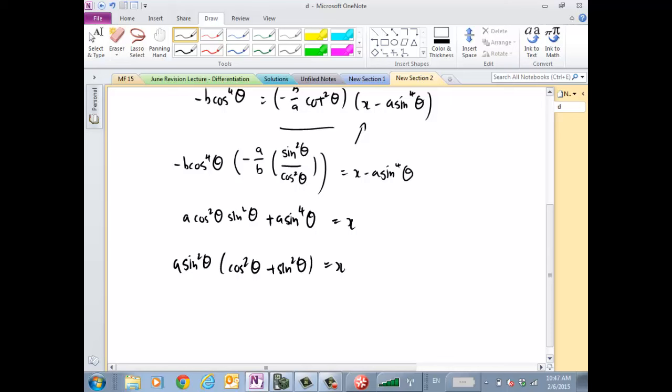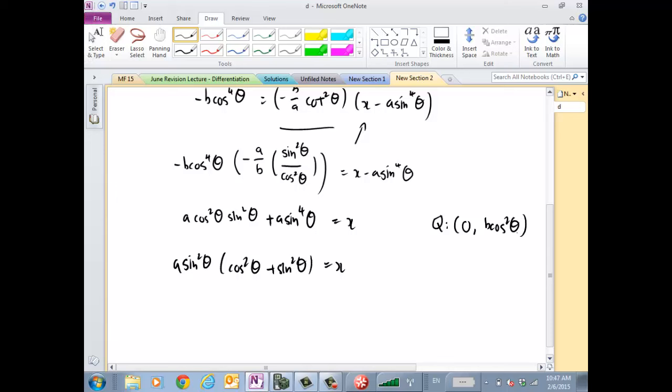If you do the same thing for point Q, whereby you sub x to be 0, you can carry out the working yourself. You will get the answer for Q to be 0, b cosine square theta. Students, listen up, I'm skipping steps again.